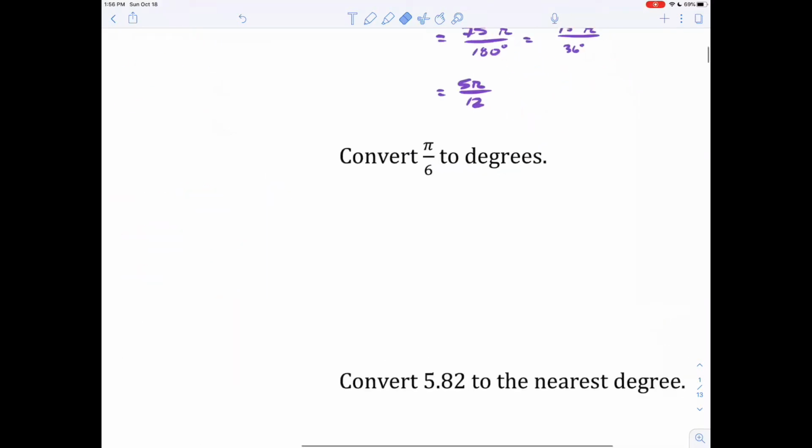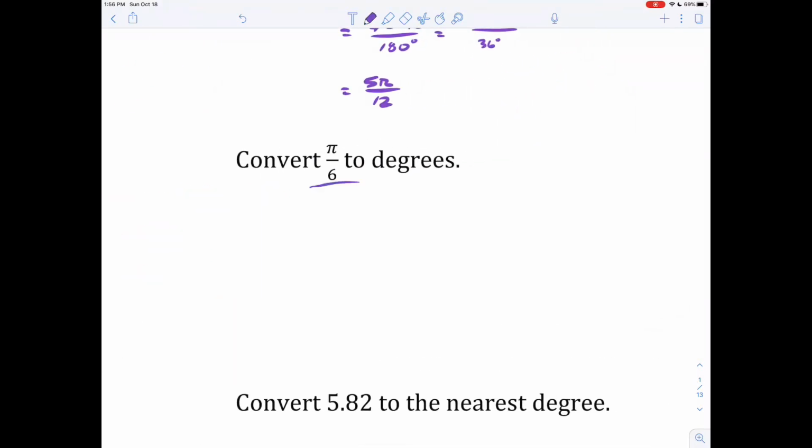So, in we go. If we're going to convert pi over 6 to degrees, we're going to involve the conversion rate again, but there's no sense in multiplying by pi over 180. That's not really going to do as much. It'd be nice to get the pi's out of there. So we need to introduce degrees.